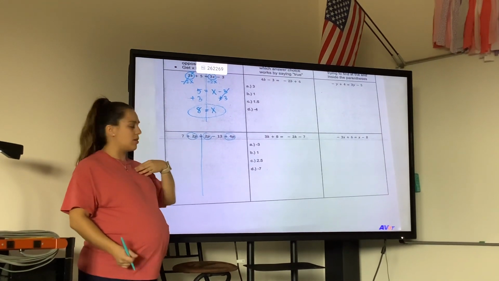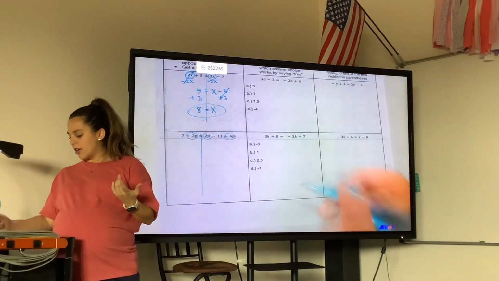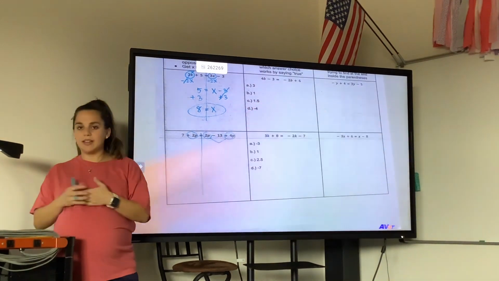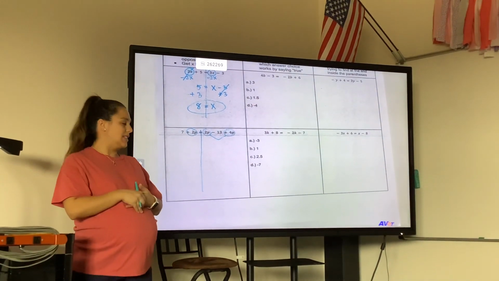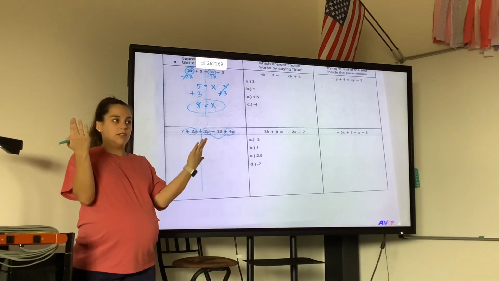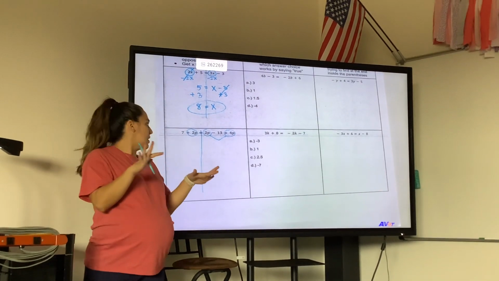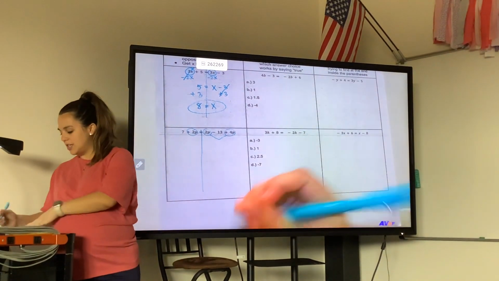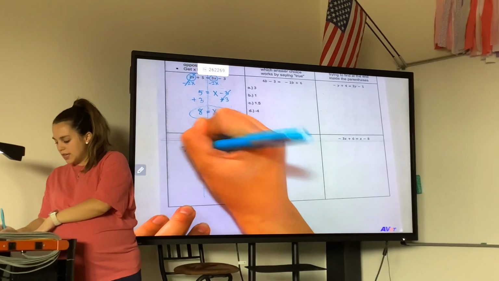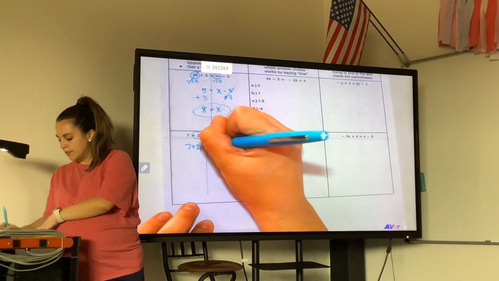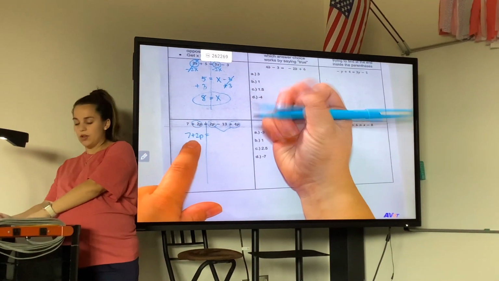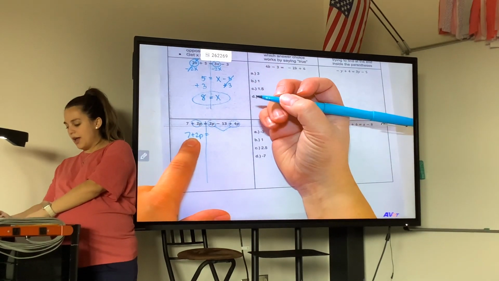Okay, so first of all, I do have some like terms that are actually on the same side of the equal sign. This is when it's easy. We just put them together, just a normal math problem, trying to make it easier on ourselves. So I'm going to rewrite this equation and make it a little bit easier on our brain. So this just rewrote it. That's all I did. I did no math.